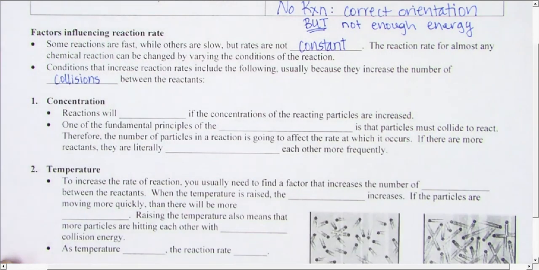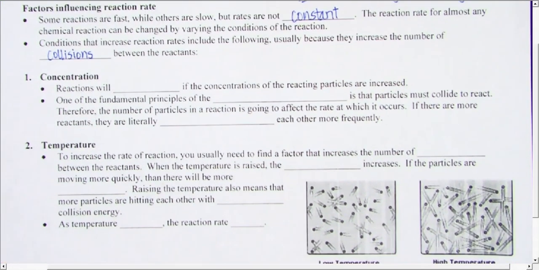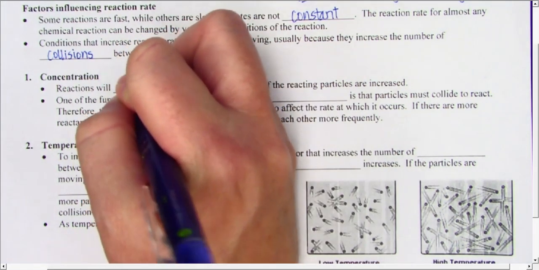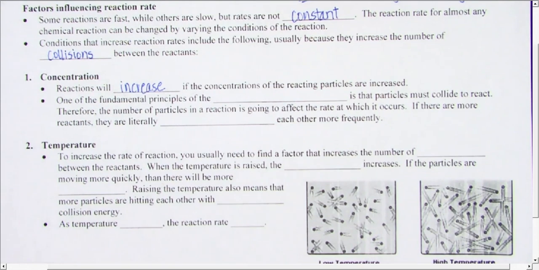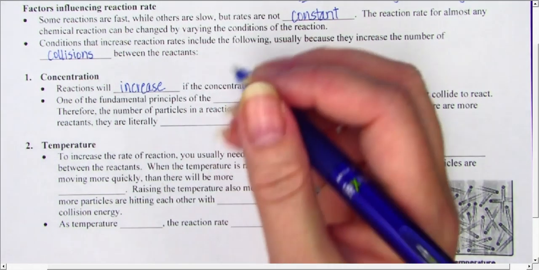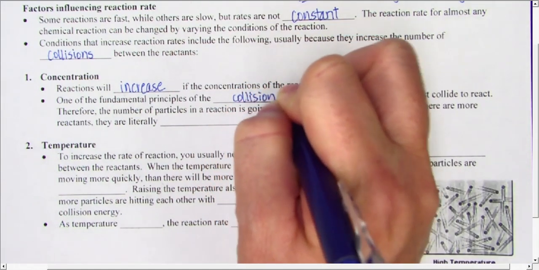There are about 6 different factors, but we're just going to focus on 2 of these: concentration and temperature. Reactions will increase if the concentration of the reacting products is increased, and this makes sense. One of the fundamental principles of the collision theory is that things need to collide.